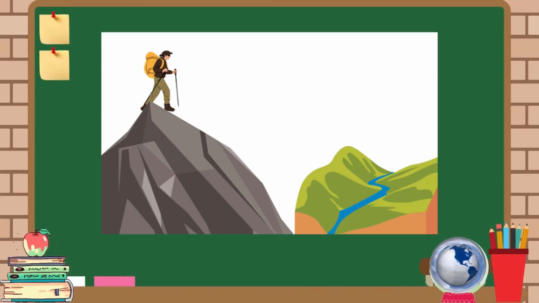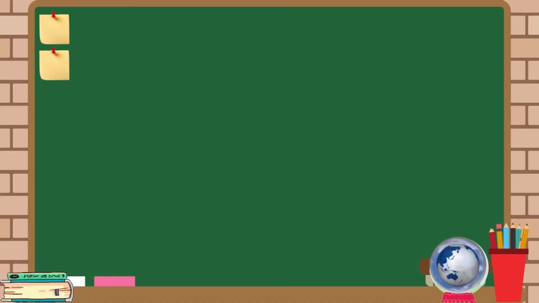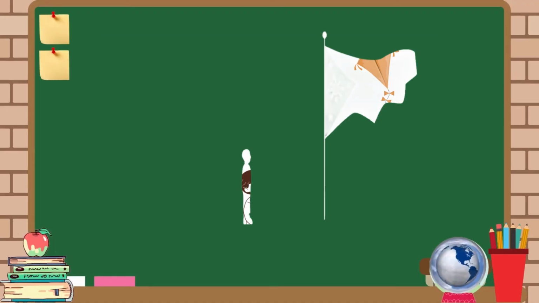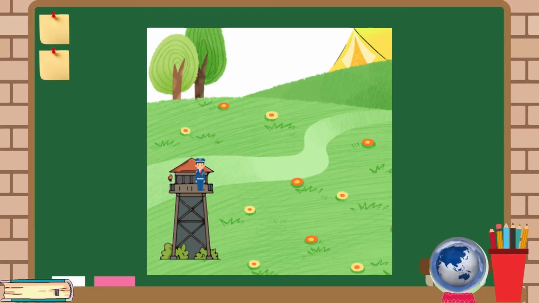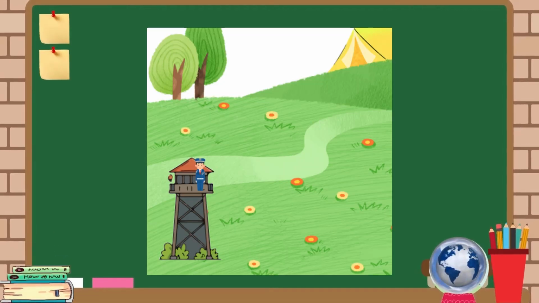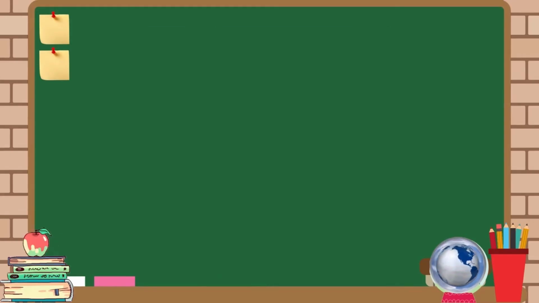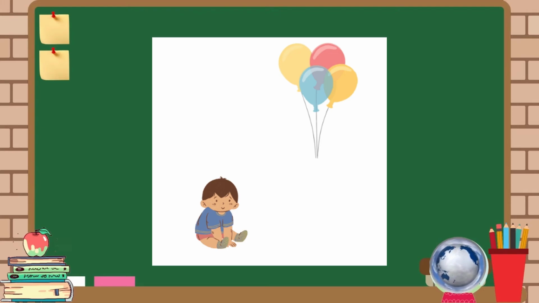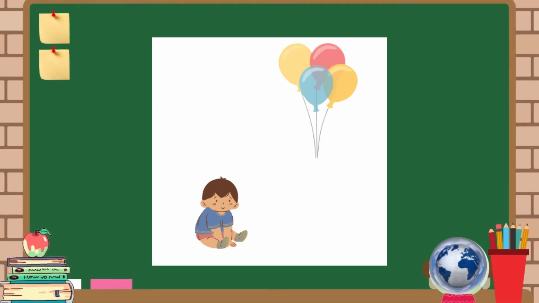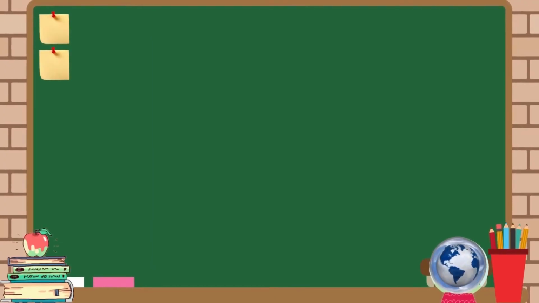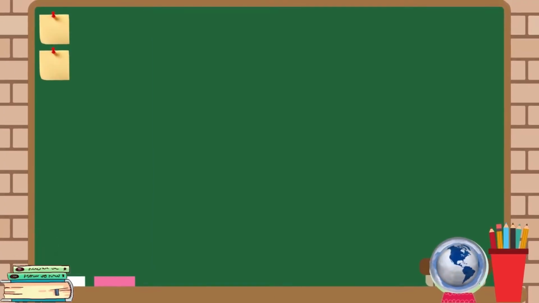A tourist looks down from a mountain at the valley below. Depression. A person looks up at the top of a flagpole. Elevation. A security guard observes the ground from a watchtower. Depression. A child looks up at a rising balloon. Elevation. Excellent.